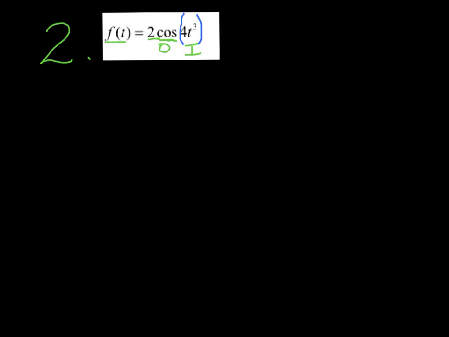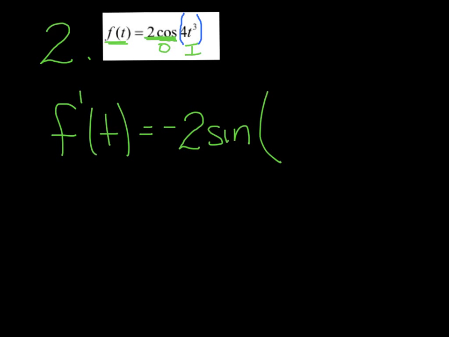So the derivative of f of t is f prime of t. Okay, remember I'm saying derivative of the outside, keep the inside. So the derivative of 2 cos x, well, it starts with the c, so its derivative is negative. 2 is just a coefficient. 2 sine, keep the inside. Now the derivative of the inside, the derivative of 4t cubed is 12t squared.